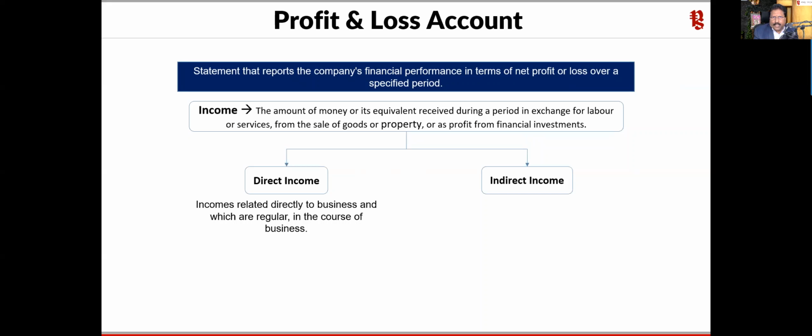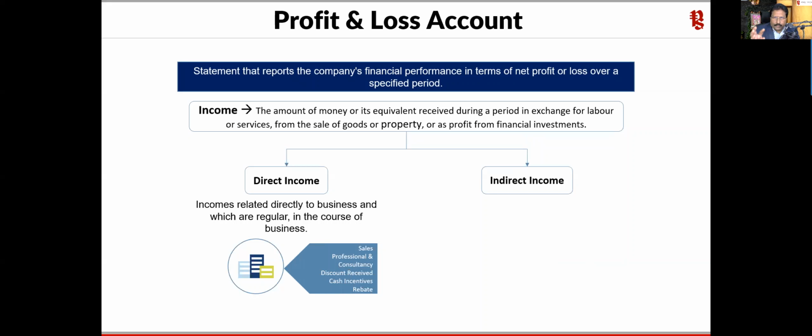So let us see some examples of direct income, so that you will get more clarity. The major income for an organization is basically your sales, as I just gave an example: you buy products and you sell products.